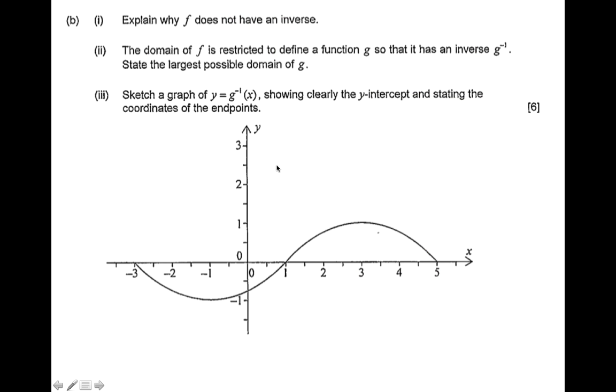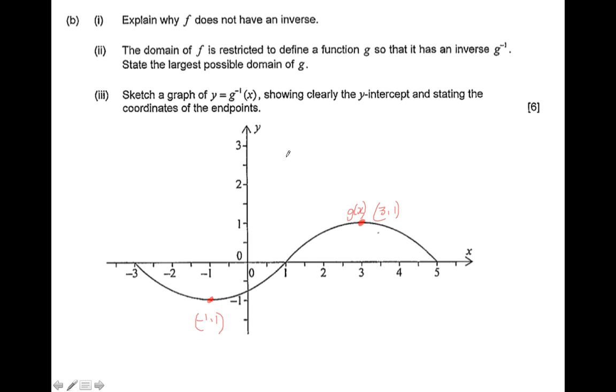So now we'll finish off and we'll just try and sketch on the same axes, sketch g to the minus 1 of x. Okay, well, you realise that this 3, 1 here, and this point here, -1, -1, those are the endpoints for our g of x.